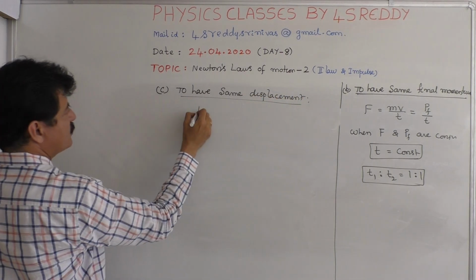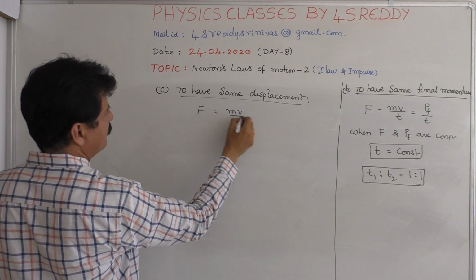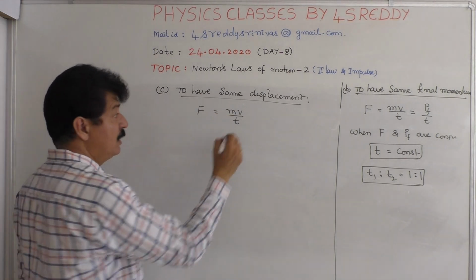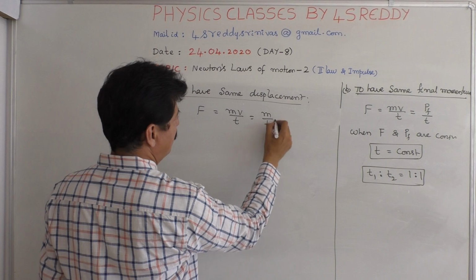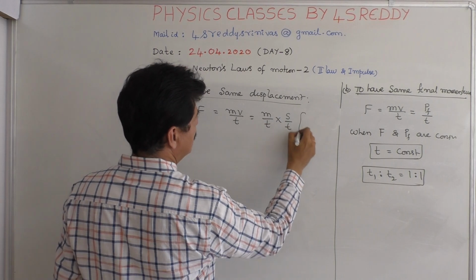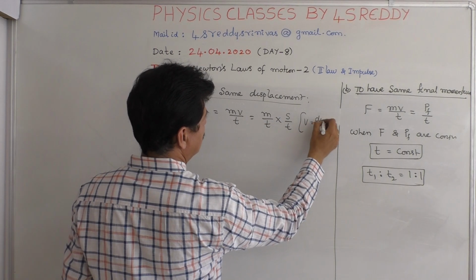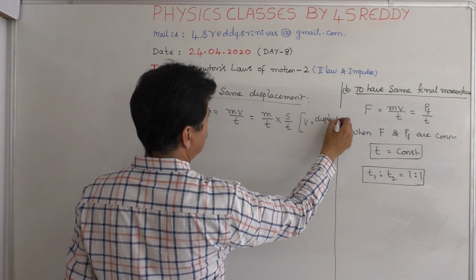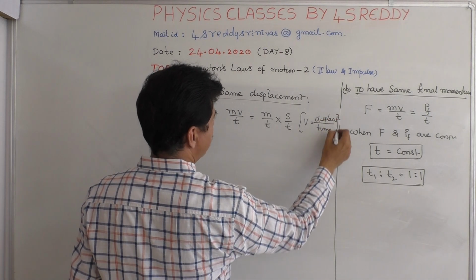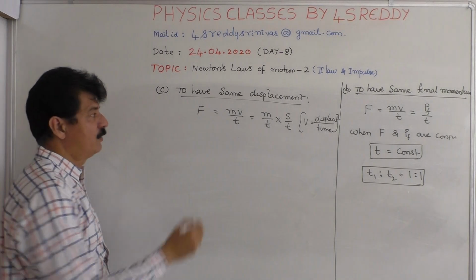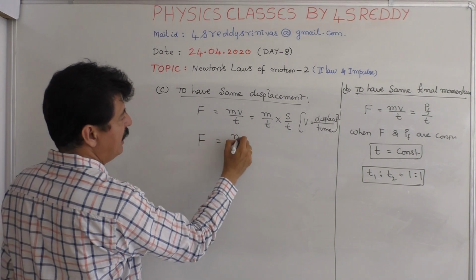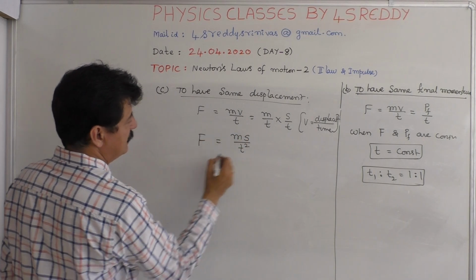To have the same displacement means F is equal to mv by t. This we can write as m by t into s by t, since velocity is nothing but displacement by time. We know that one. Therefore, F is given by m into s by t square.